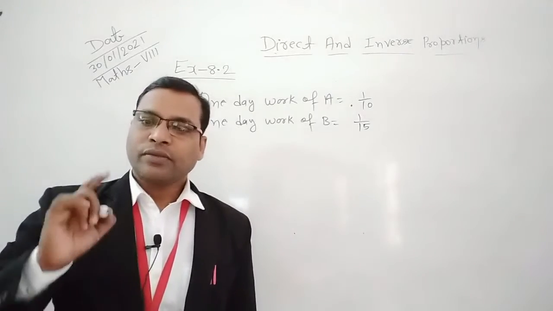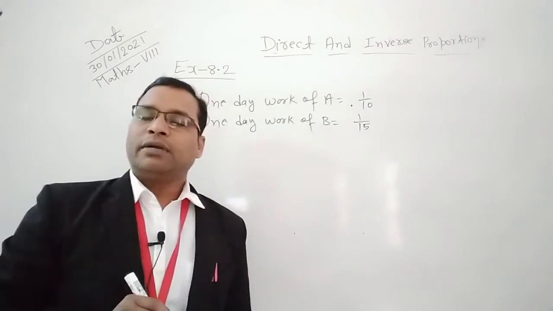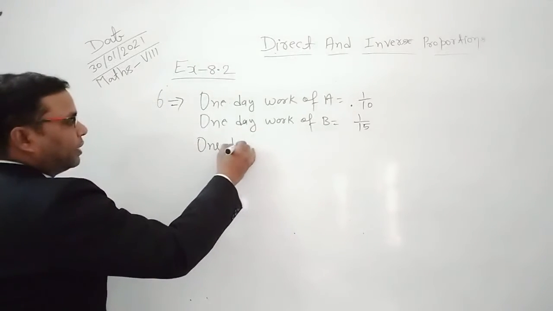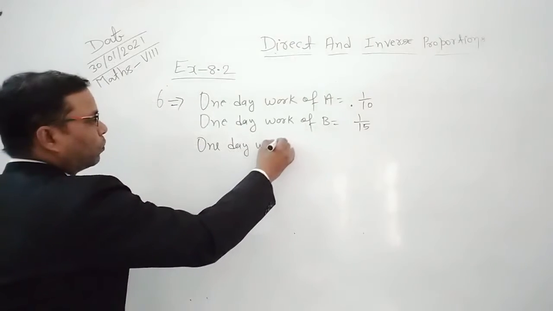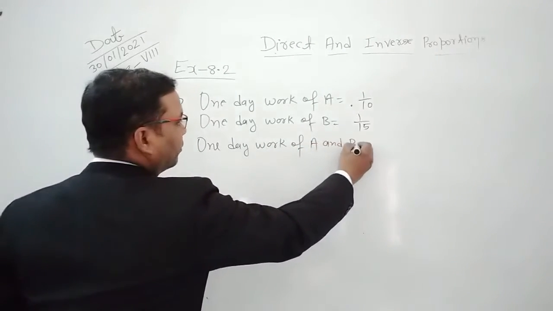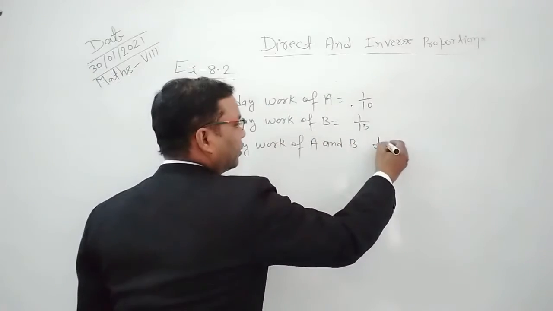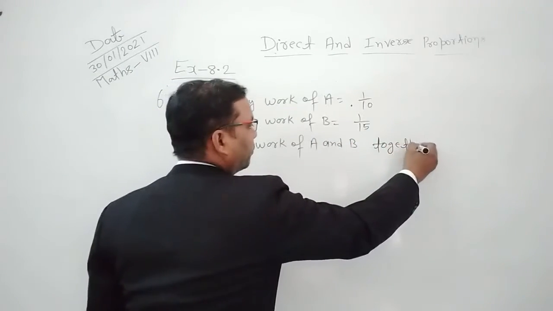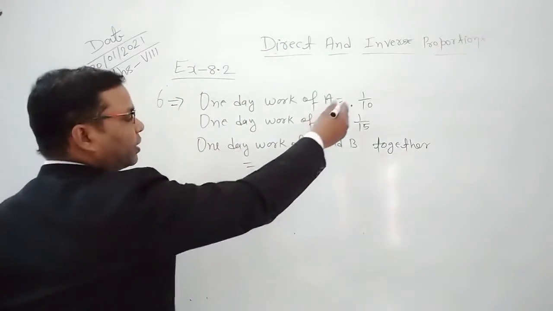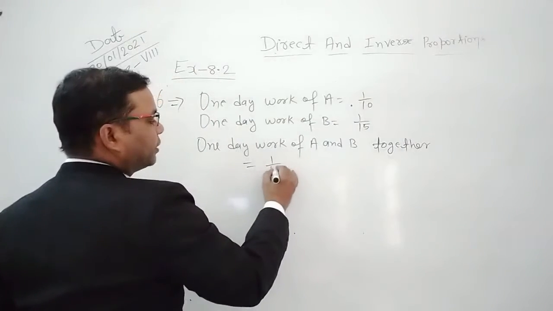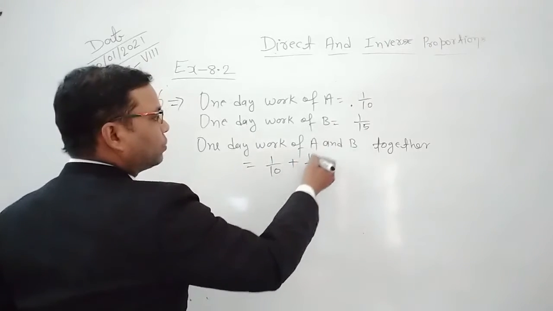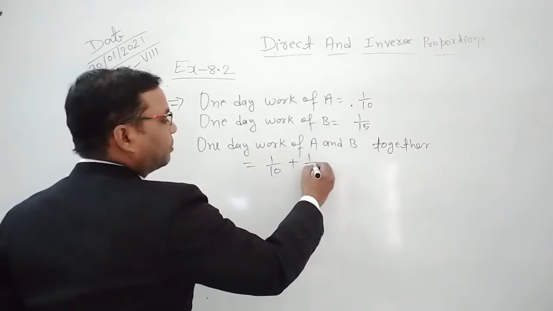Now we find the 1 day work of A and B together. The 1 day work of A and B together is equal to 1 upon 10, this is the 1 day work of A, plus, because they work together, the 1 day work of B is 1 upon 15.